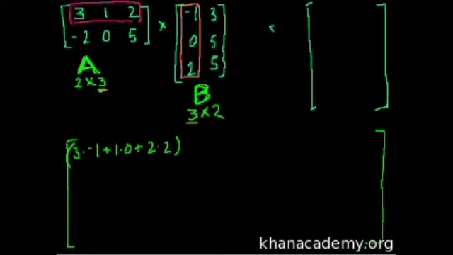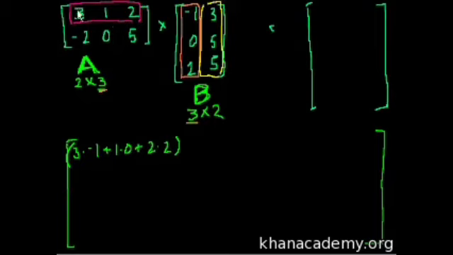So the second term here, what am I going to do? I'm going to multiply this row vector times this column vector. And I think you're getting the hang of this. And the hardest part about this is just staying focused and not making a careless mistake, and not getting confused with rows and columns and all that. It sends blood to your brain, but it's not that hard, I think.